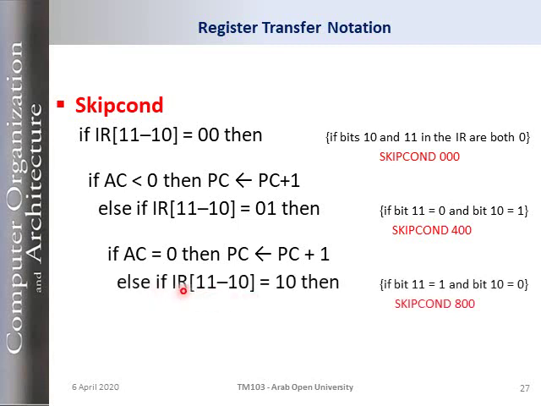Next, else if instruction register bits 10 and 11 are equal to 0, 1, this is skip condition 800. Our condition is if the accumulator is greater than 0. If this is true, we will add 1 to the program counter. If not, we'll do nothing. We'll just continue with our program and keep the program counter as it is.